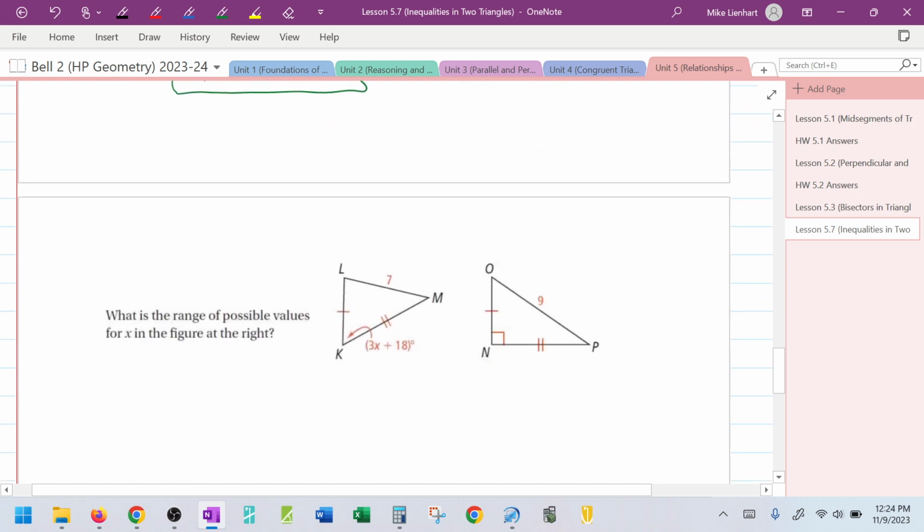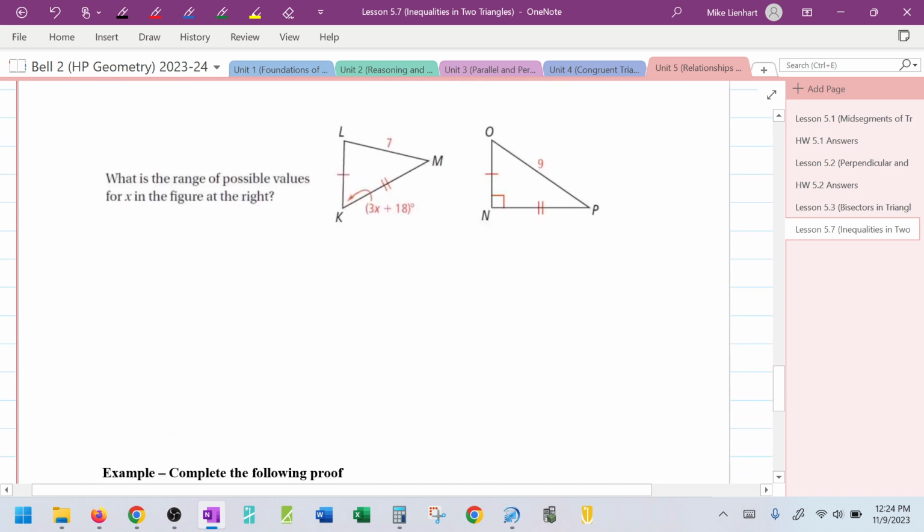Let's check another one similar to that. Here again, we have a side-angle-side type of relationship. The third sides are unequal, so I know that the angle across from 9 has to be bigger than the angle across from 7. That allows me to write this inequality. Let me use a different flavor here. Let's say that we write the inequality as 3x plus 18 must be less than 90.